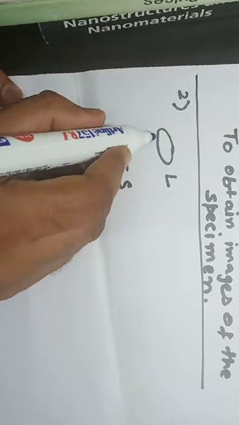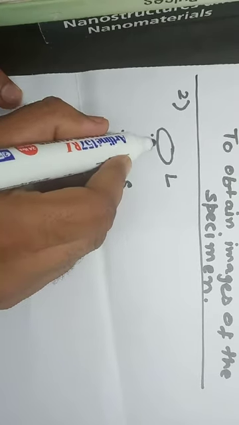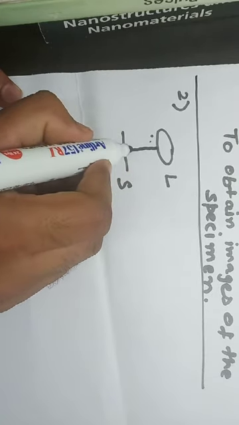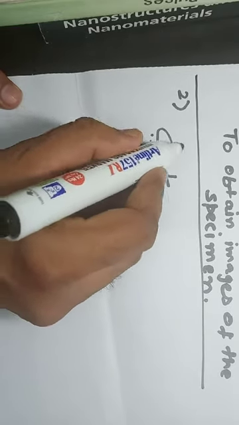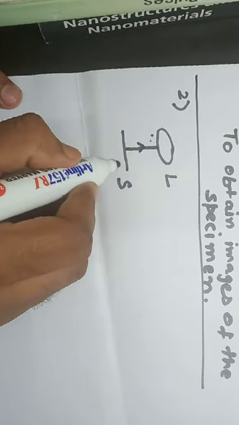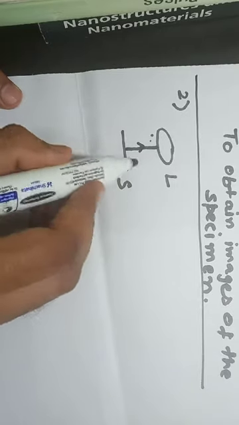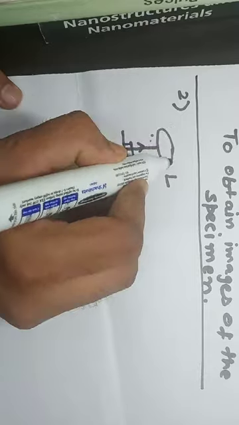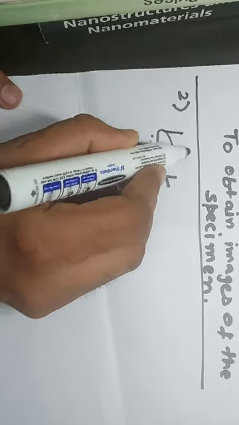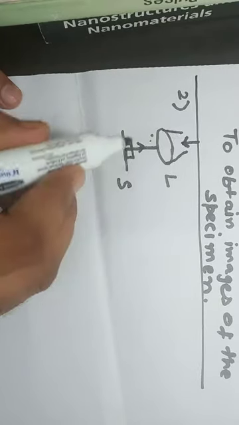Light will come through the microscope objective, and then it will be reflected back, and you can see the image of the sample which is on the stage. If you have a small sample, then you can look at it with the help of the light which is coming from there.